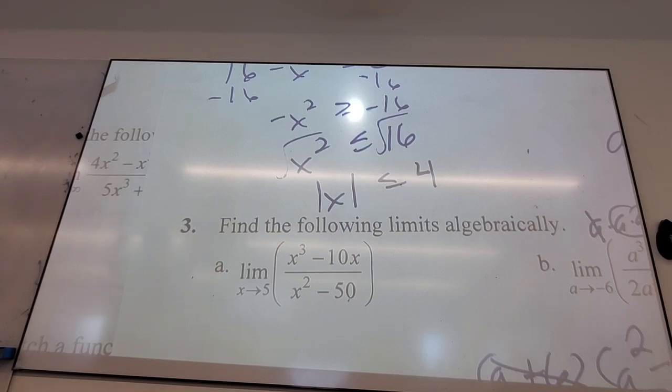Why is absolute value always positive? Because it's distance. I want my distance to be less than or equal to 4. So I can go up to 4, and down to what? 0 is 0 away from the origin. What else is 4 away from the origin? Negative 4, so that's negative 4 to 4.